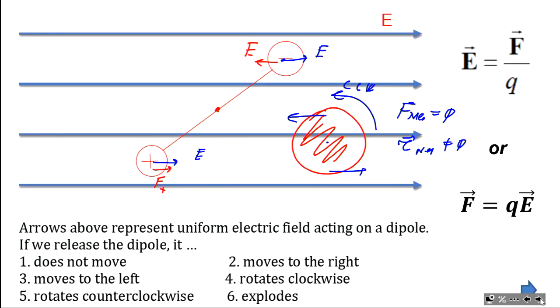Okay, we can see again that there is electric field between these two plates, but nothing is happening inside, which means there is no electric field inside of this circle.